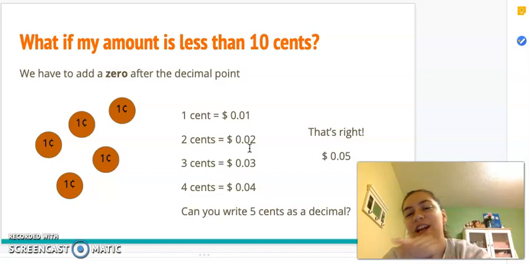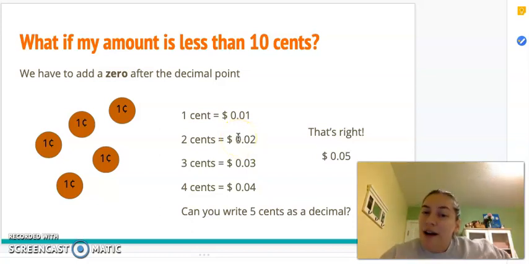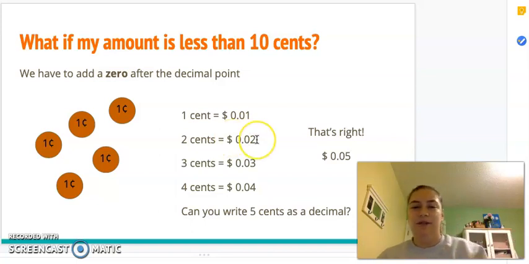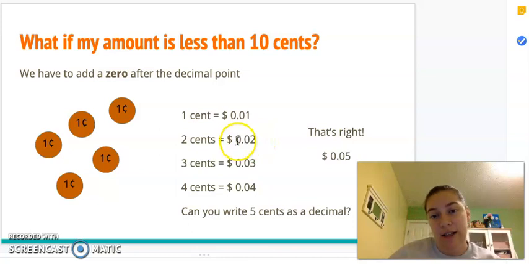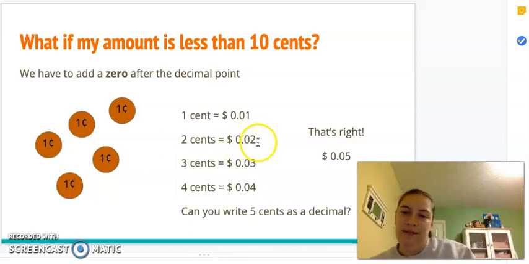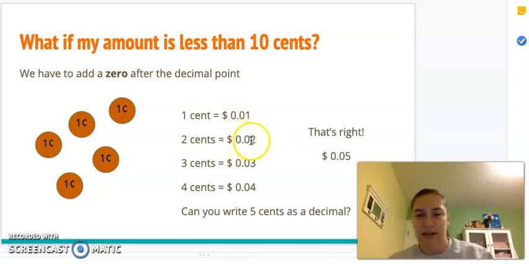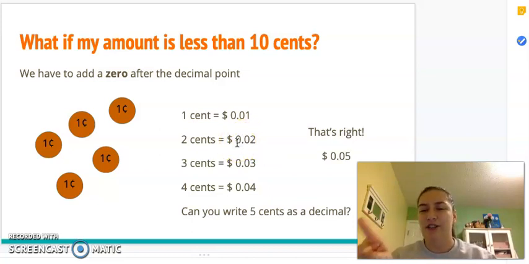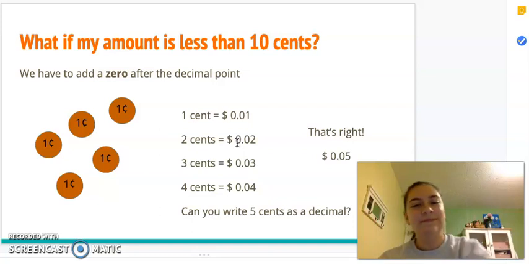Ah, good question. So the 0 in front of our decimal point is saying that we don't have any full dollars. So maybe if I had 1.02, that would say we had $1.02. But we have $0.02. So I have to put a 0 in front. Good question, Ashley. Thank you.